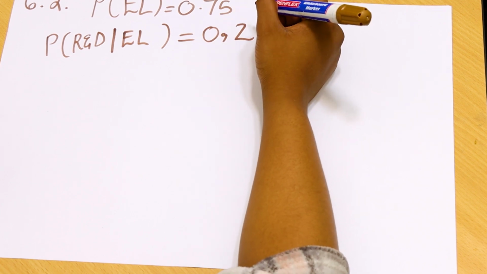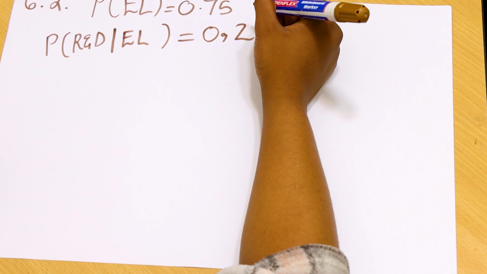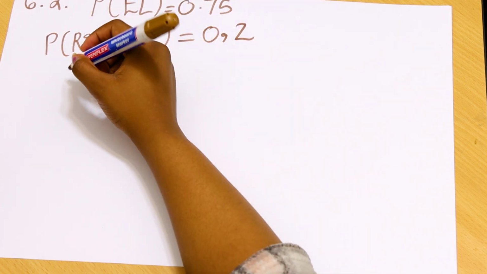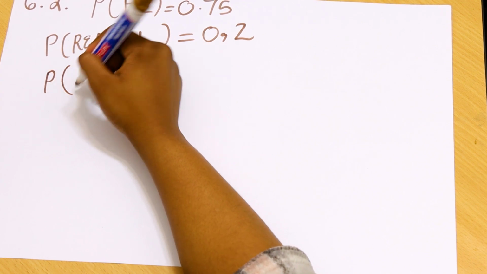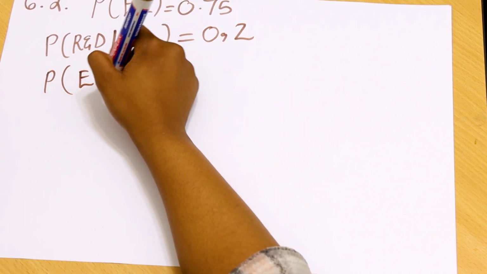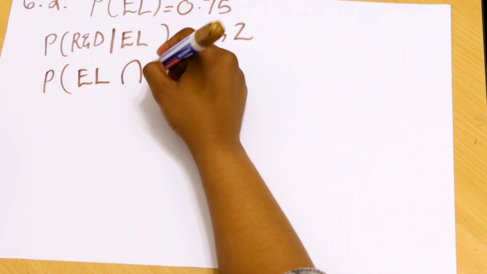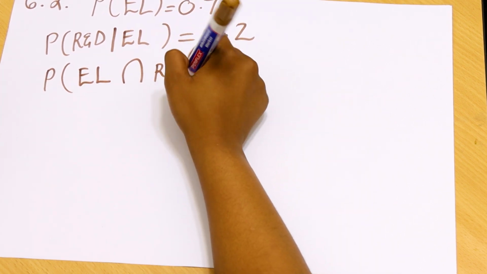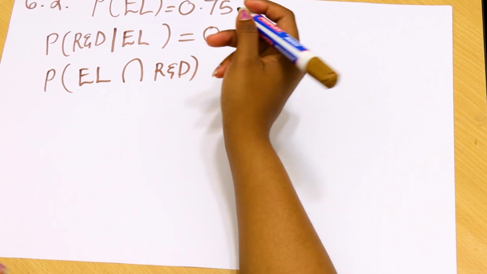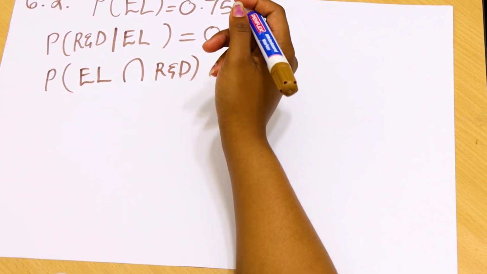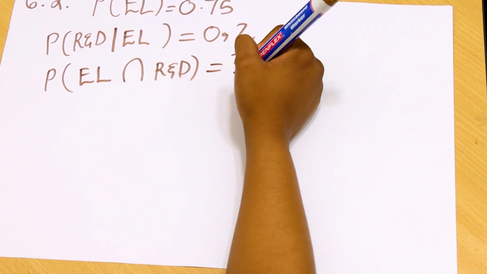And they want the probability that they live in East London and work in research and development. So they want the probability that they live in EL and work in R&D. Okay. So this is the unknown.